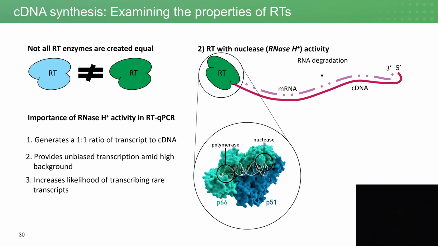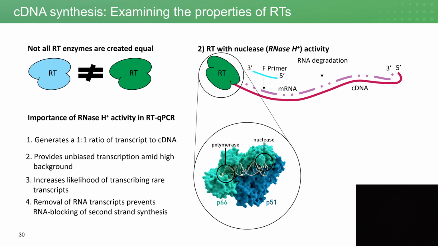Number three, rare transcripts of interest have an increased chance of being reverse transcribed into cDNA. This scenario is possible because as the abundant transcripts interact with RT, they are degraded, which after a short time decreases the competition of transcripts for enzyme and ultimately increases the chance of a rare transcript to contact RT.